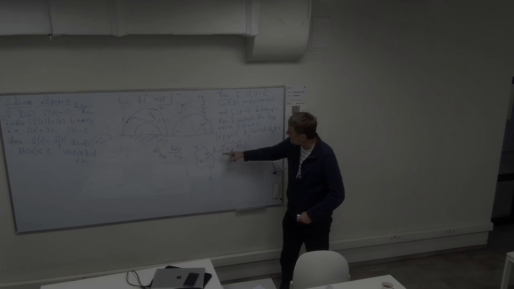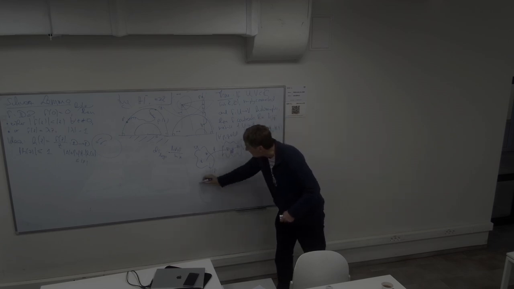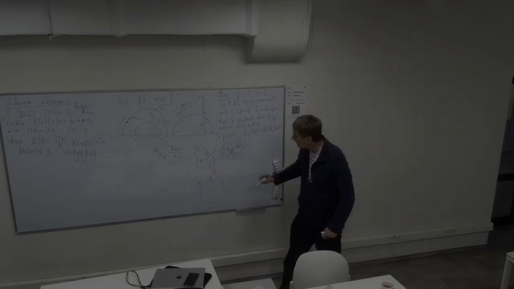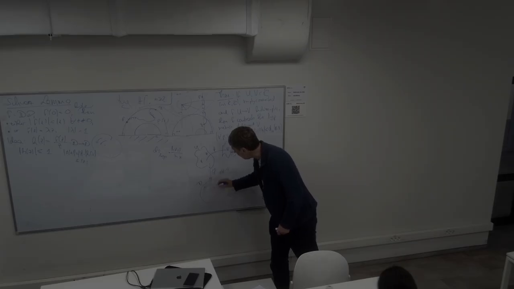This is the map F from U to V. I can send U, the Riemann domain, to the disk with a Riemann map phi so that phi of P equals 0, and phi of Q is somebody else.